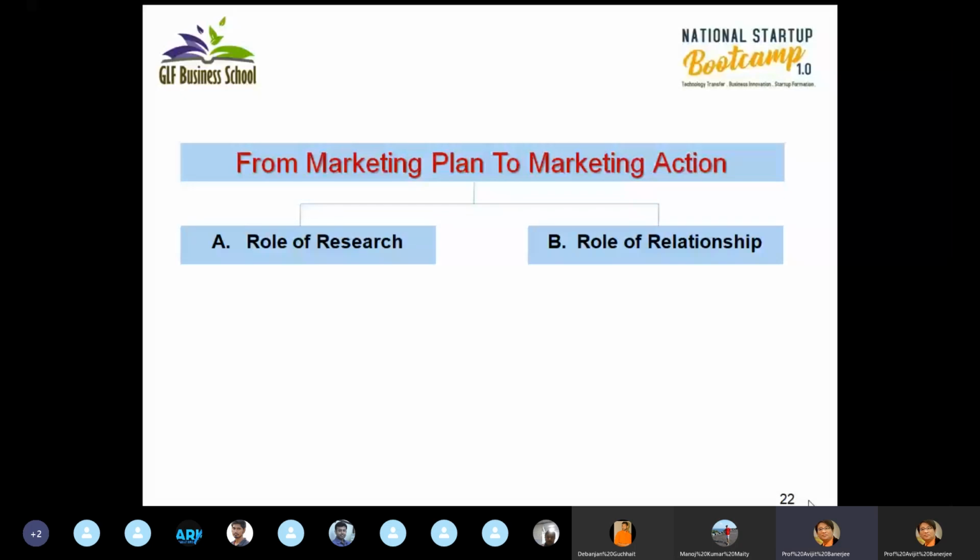So there should be a good integration between plan and the action, where the role of research and the role of relationships play a big impact. To develop innovative product, successful strategy, action program, you need up-to-date information about the environment, the competition, and the selected market segments.